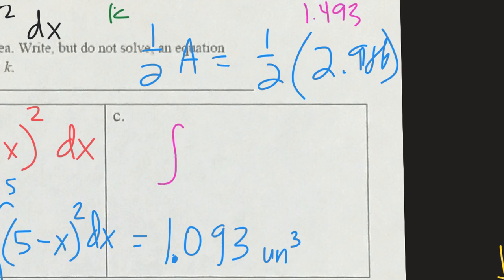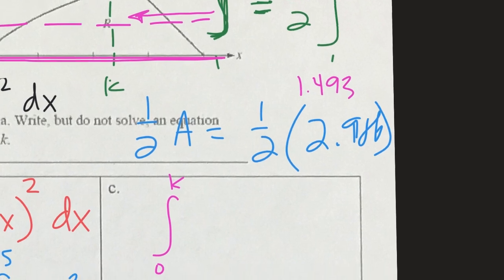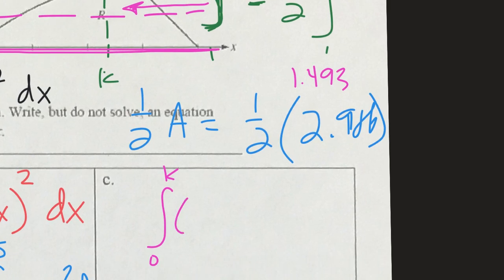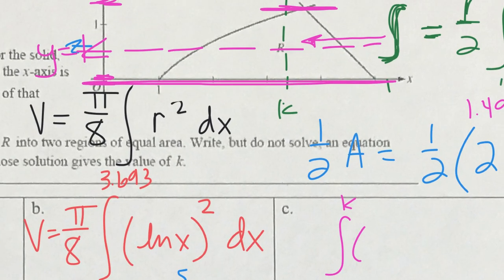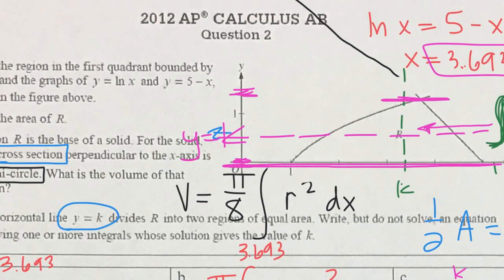So we're going to take the interval from 0 to k on the y-axis of the right function minus the left function. Okay, so this is solved for y. Gee, we've got to do all kinds of stuff here. If we have a y interval, we have to solve each of these equations and put them in terms of y.